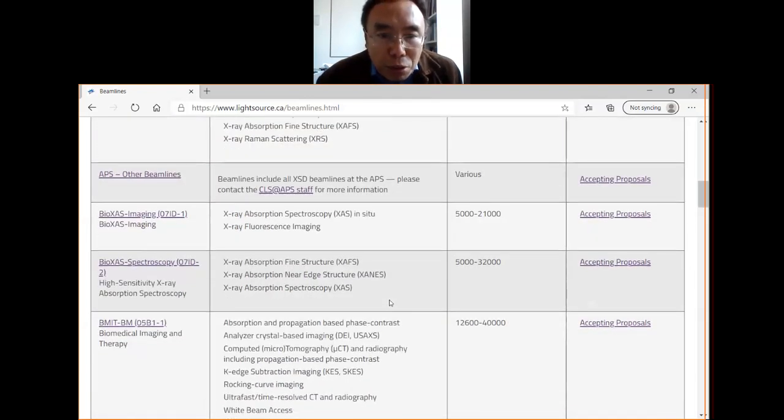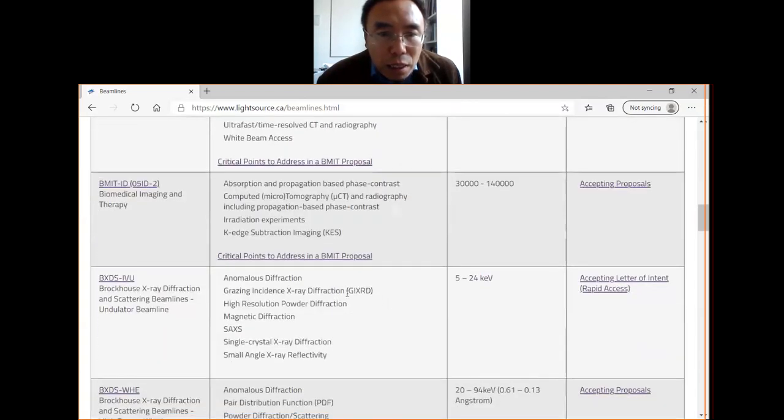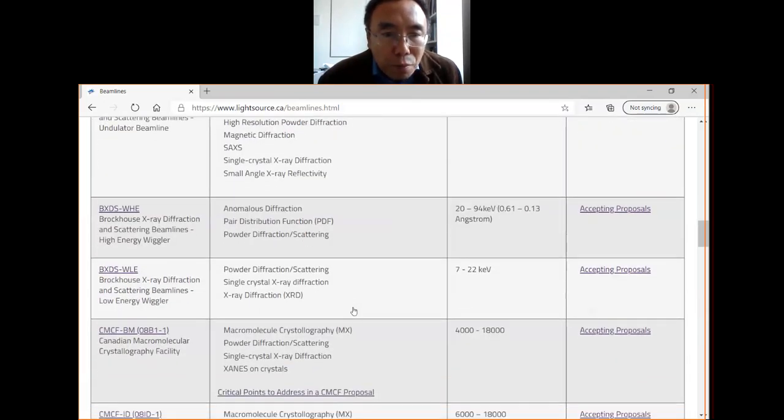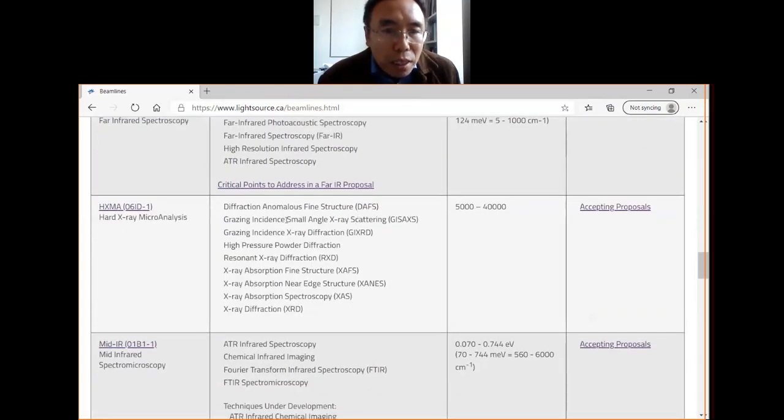We can also do diffraction, XRD, and micro CT. Do you see how many things? This is also diffraction, fine structure, scattering, diffraction, absorption. So we can do so many measurements using synchrotron radiation.